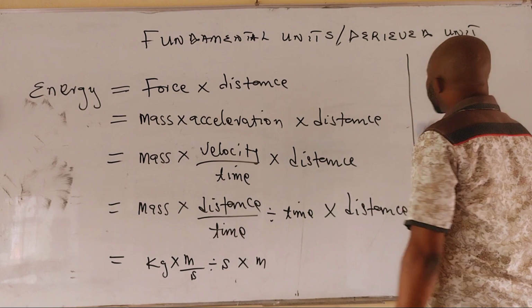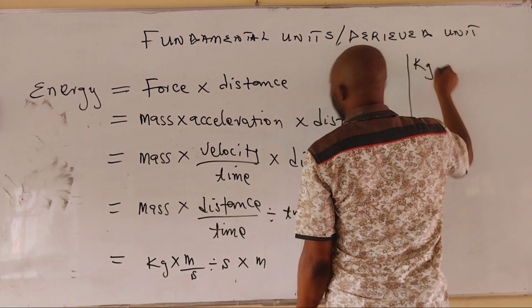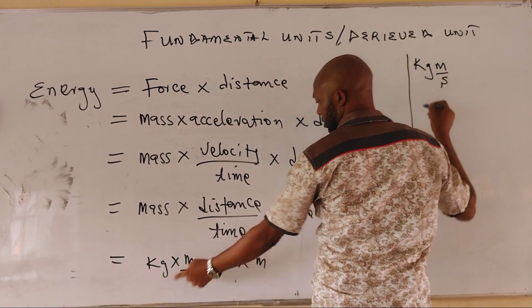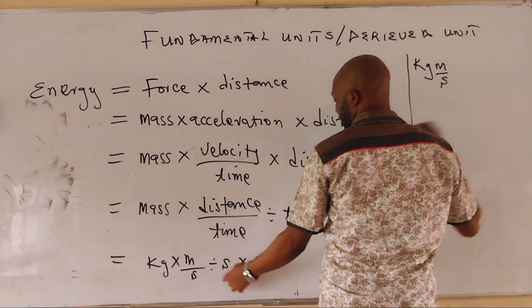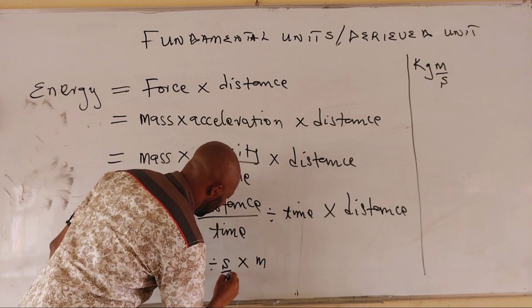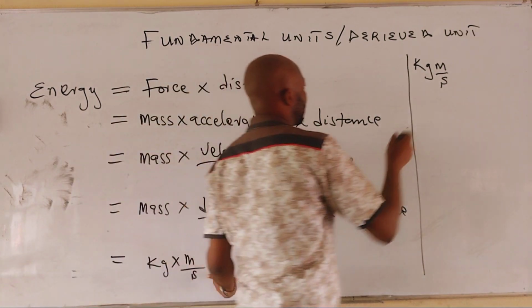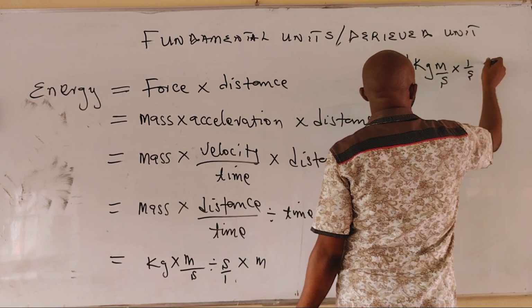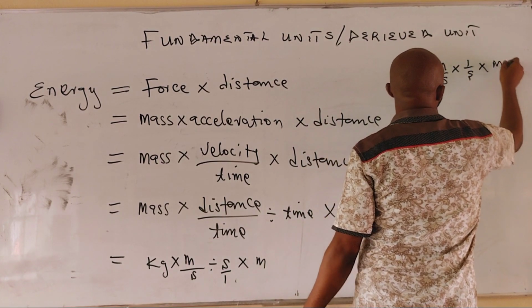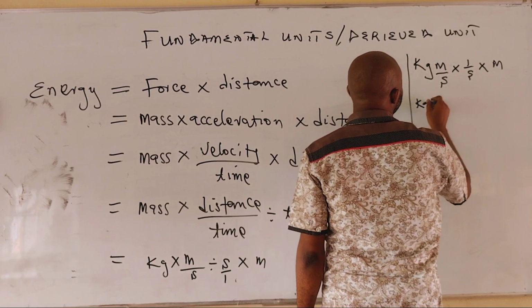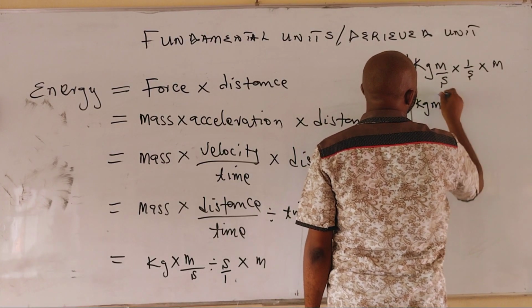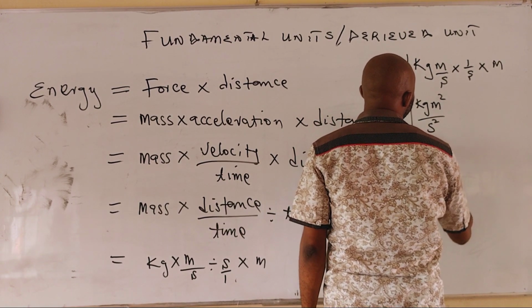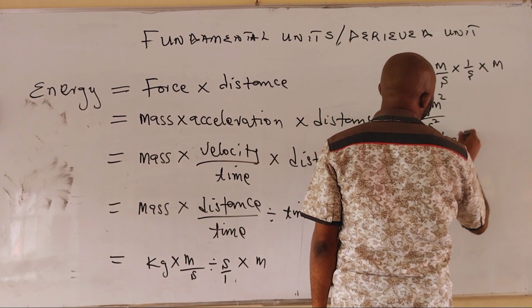Okay, now this becomes my kg meter over seconds, times 1 over seconds times meter. So this is kg meter squared over s squared, which is the same thing as kg m^2 s^-2.